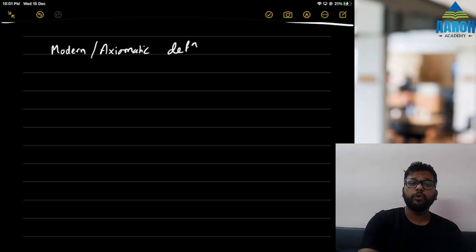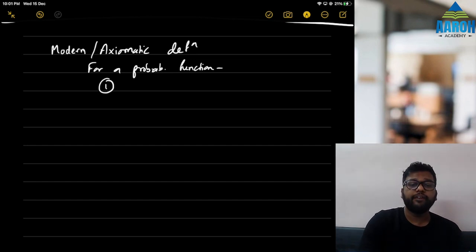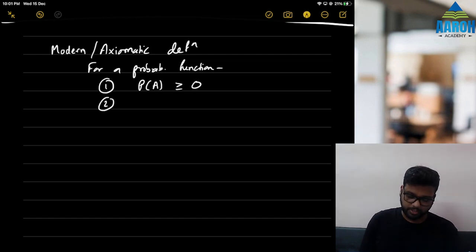If we want to call a function a probability function, first, every probability value should be greater than or equal to 0. Sum of all probability values should be equal to what? 1, which is rather the probability of the sample space.